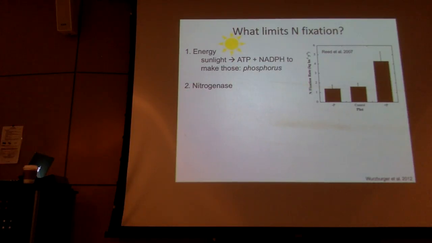They're breaking down that glucose and making ATP, right? So the energy is needed by both the plant, to keep the plant alive, but it's also needed by the bacteria. And when we're talking about limiting nitrogen fixation, we're really talking about direct effects on the bacteria, because that's the thing that's doing the nitrogen fixation. Does that answer your question? Okay. All right, so the other thing is nitrogenase.